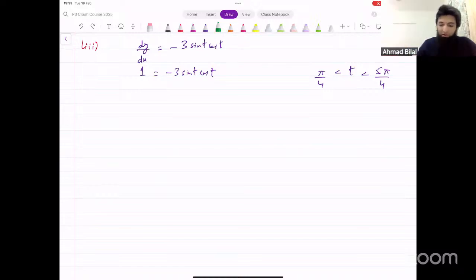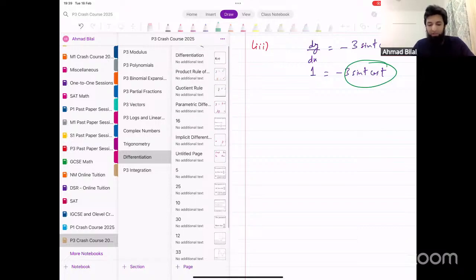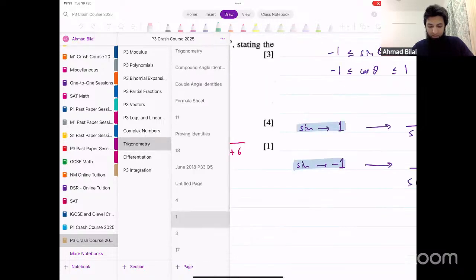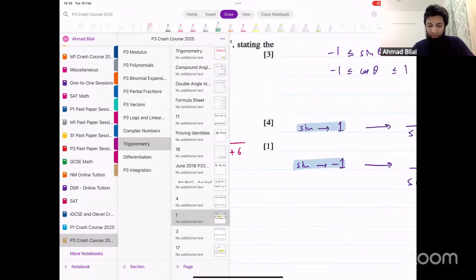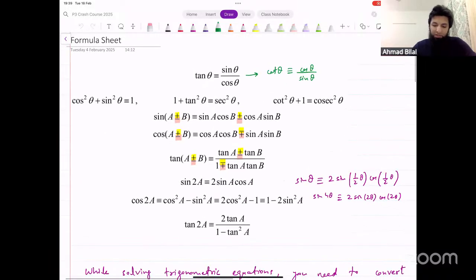So that's very good. You can look at the formula sheet and see, where do you see sine and cos multiplying there? In the formula sheet, you'll have that in front in all such questions. Okay, so this is the formula sheet, sine times cos. Where do you see that in the formula sheet?